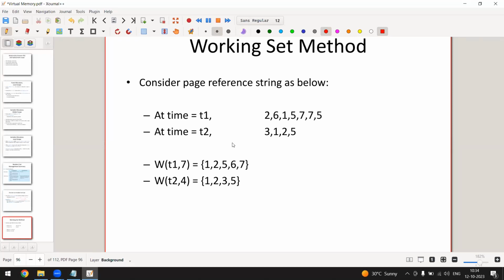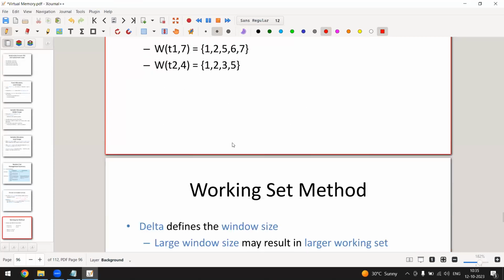When I say W(t2, 4), it means I am currently at time t2, and the pages referenced in the last 4 time units are my working set.